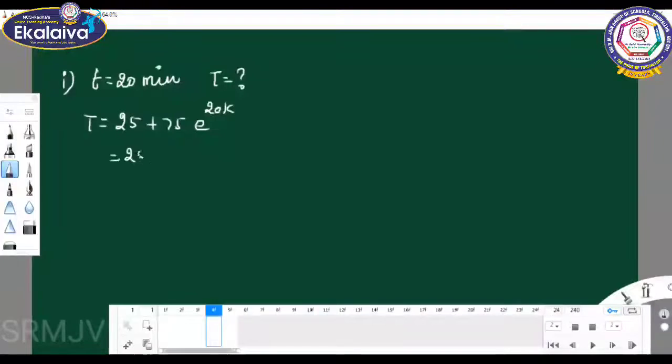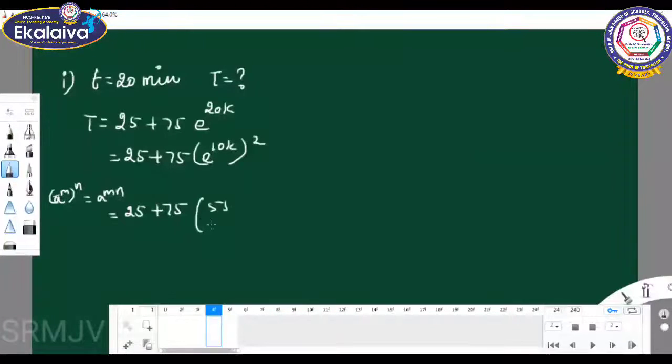It gives 25 plus 75 into e power 10k the whole squared. You know the formula, a power m whole power n equals a power mn. So 25 plus 75 into e power 10k, which is 55 by 75, the whole squared.